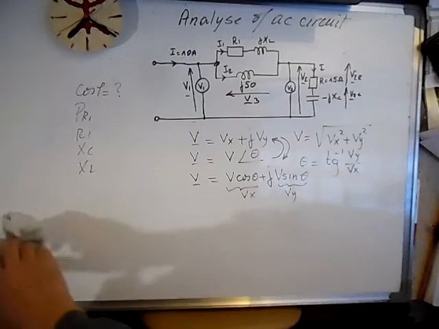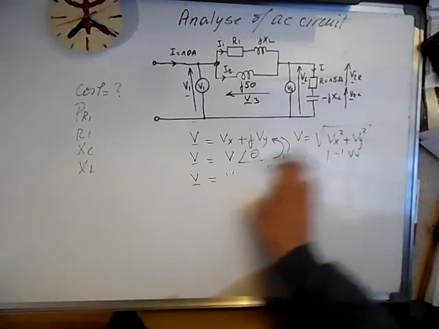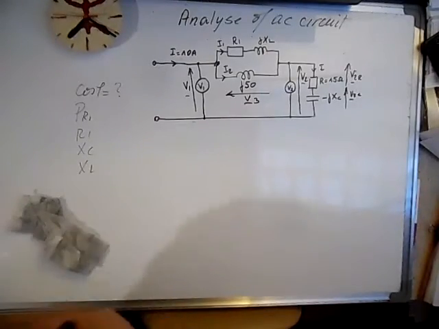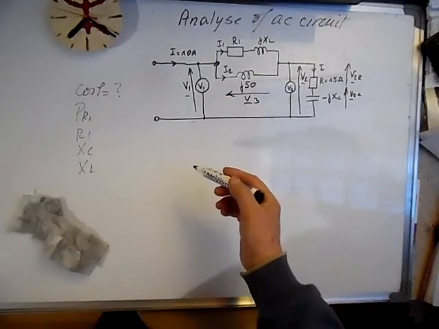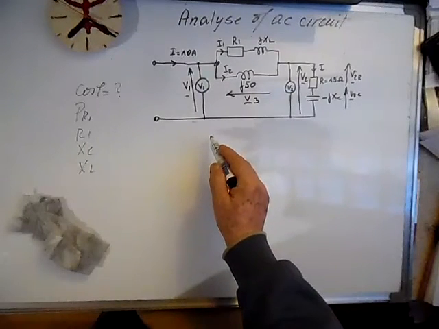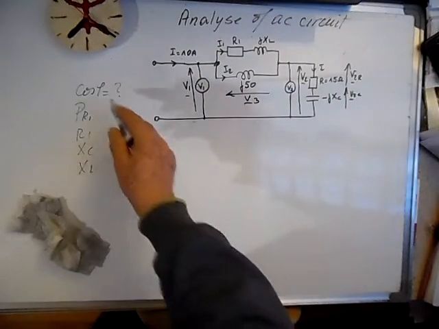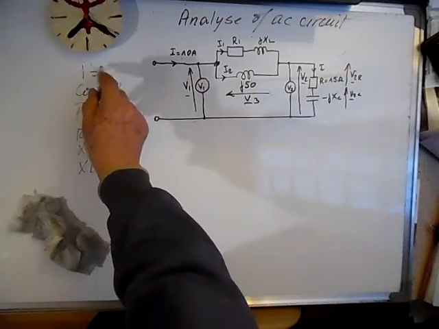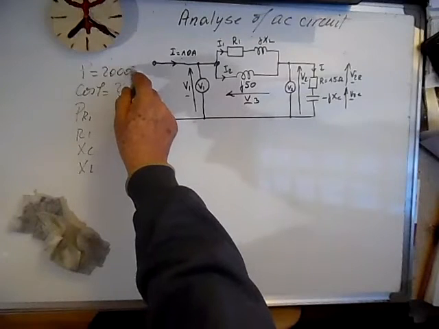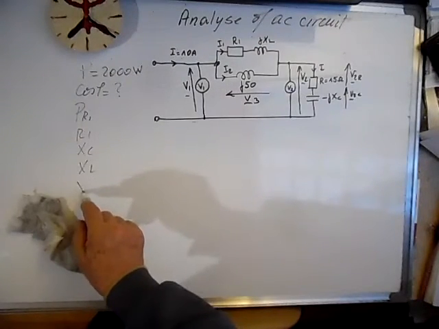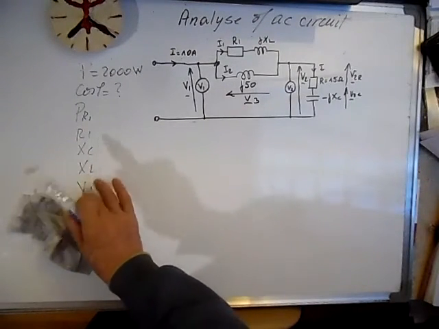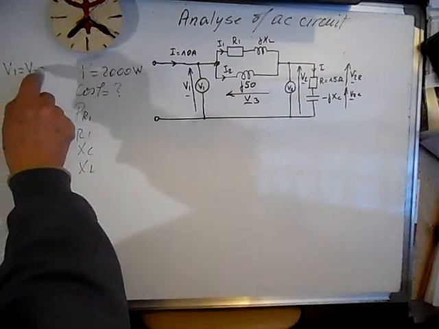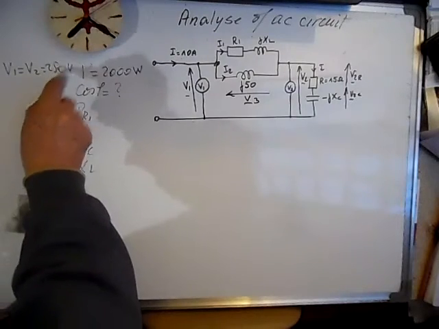Okay, let's start. I can tell you exactly how to do it. First thing is, this is lagging, so we can calculate the power factor, because we know the total power is 2000 watts. We know that V1 is equal to V2, which is 250 volts.